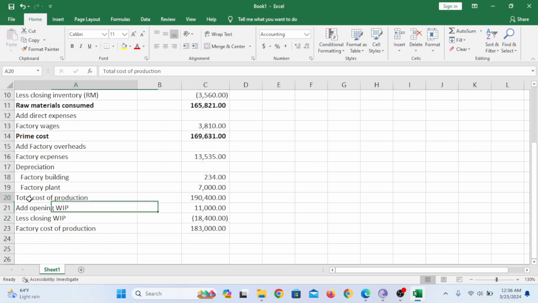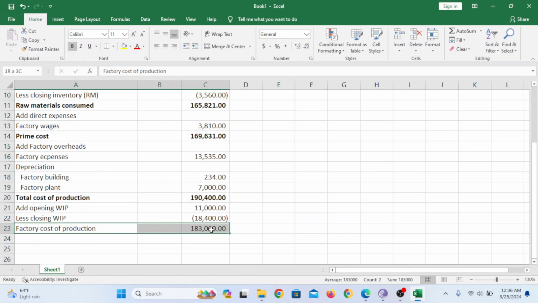So production cost here bold, factory production cost also bold. But now this factory cost of production could be the transfer if the goods are transferred at cost. If not, there's normally a profit that is supposed to be added.